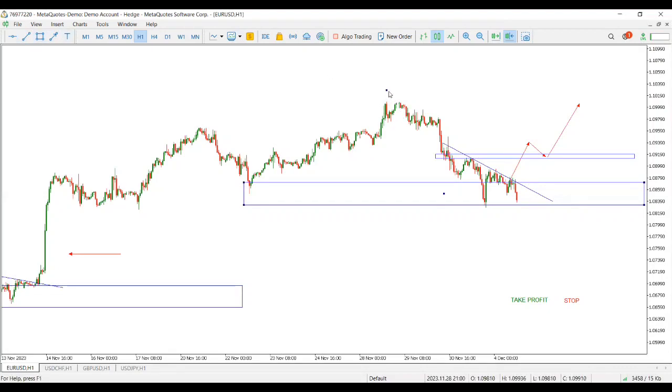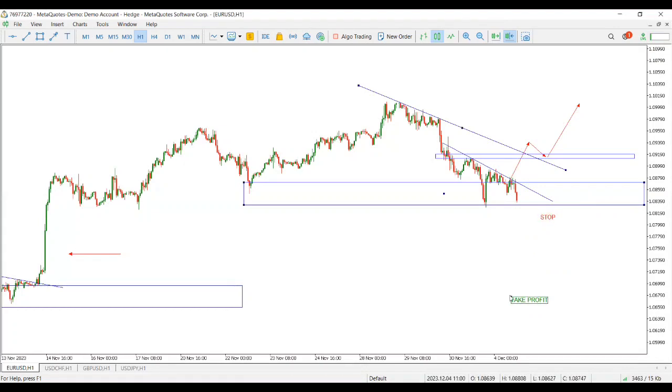Of course, by then this must have been broken. This is just an imaginary line. We're just imagining what the market could be. You get it? So if the market plays this out, you can put your stop below this level.